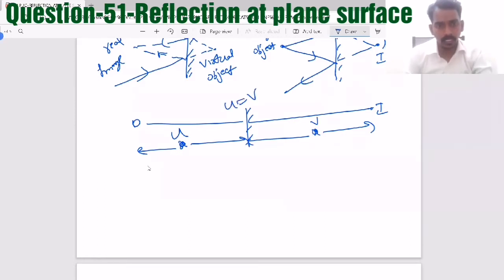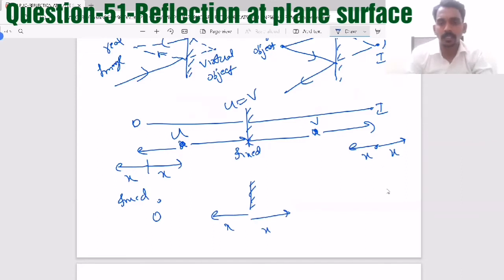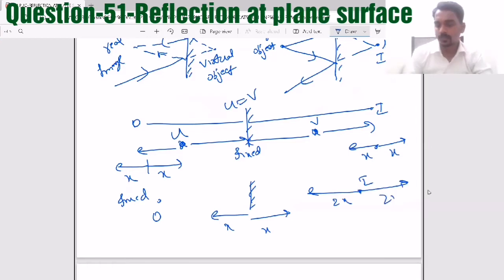Or when the object is moved towards or away from the mirror by a distance x, then the image also moves towards or away from it by x. But in the case when the object is fixed and the mirror is moving towards or away by x, then the image will move towards or away by 2x.